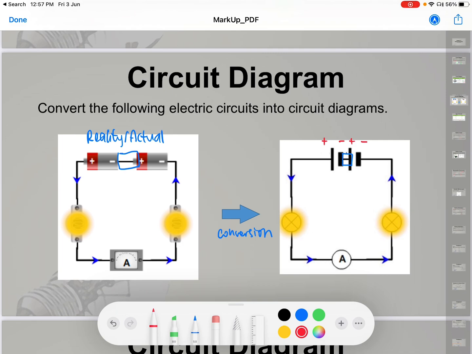So this is a light bulb, and you'll see these two light bulbs being drawn in circuit diagram format, and this ammeter drawn in a circuit diagram format. So please convert accordingly.